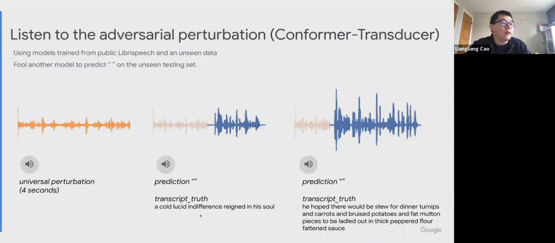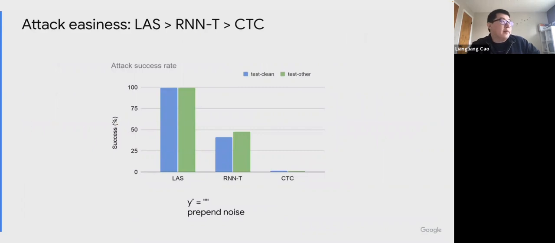We also have other audios, which I will skip here. A very interesting phenomenon we found is that the deletion error happens more heavily on LAS. Here, an attack success rate close to 100 means all deletion errors. LibriSpeech has two test sets, test clean and test other. In both cases, almost all the test set gets empty prediction.